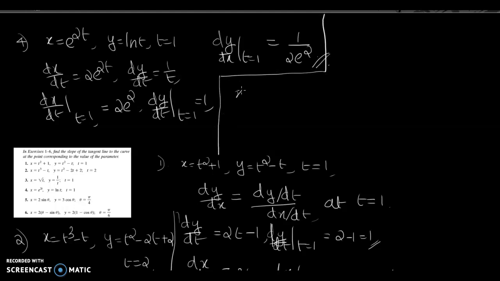Next is the fifth one: x equals 2 sine theta, y equals 3 cos theta, at theta equal to pi by 4.